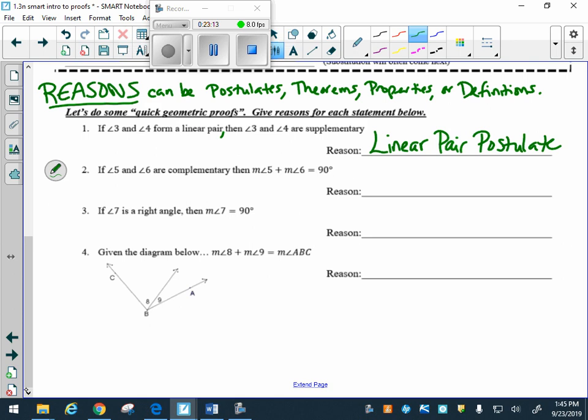But for the most part, these are the most common things that are going to be your reasons in proofs. So try to think about postulates we've learned, theorems we've learned, properties we've learned, and definitions that you know.